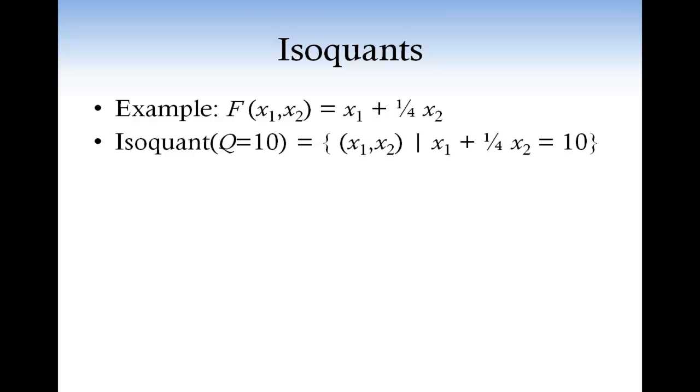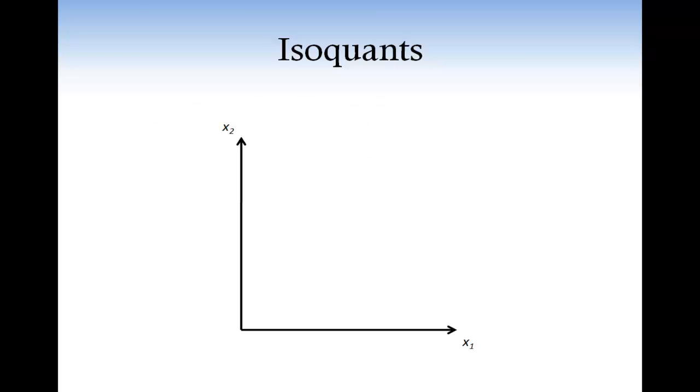We can illustrate the isoquants graphically. First, measure the quantity of input 1 on the horizontal axis and the quantity of input 2 on the vertical axis. Then, graph all the combinations of inputs that give exactly 10 units of output. This is the isoquant associated with the level of output of 10.